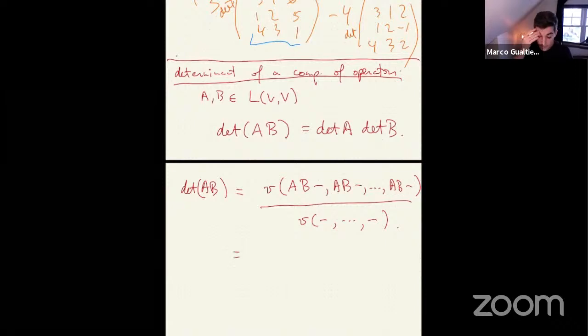Well, if I put a bracket here, then you see that this is the determinant of B times the volume with A inside only.